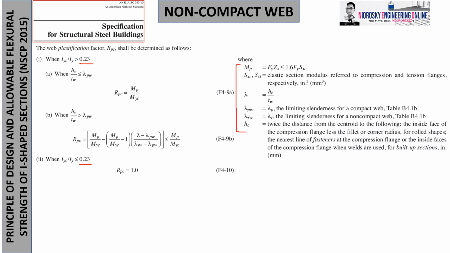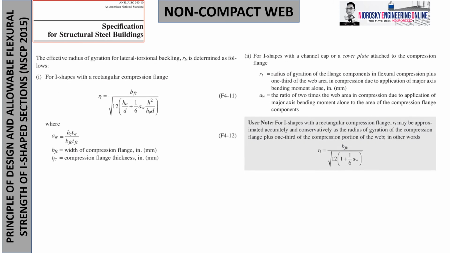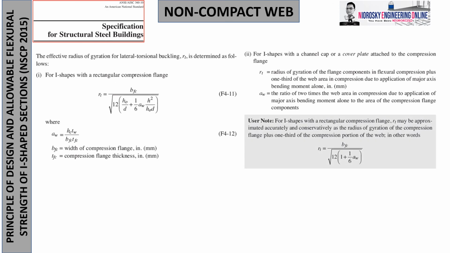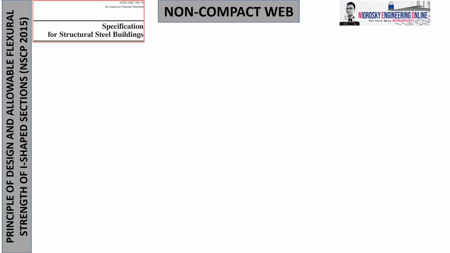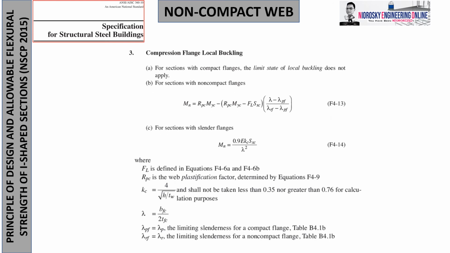Easy naman to understand. So, ganun din. Yung computation r_t, yung effective radius of gyration. Sa compact web, matawag sa kanya r_ts. Pero dito, r_t na lang. So, ito yung number 3 criterion based on compression flange local buckling.